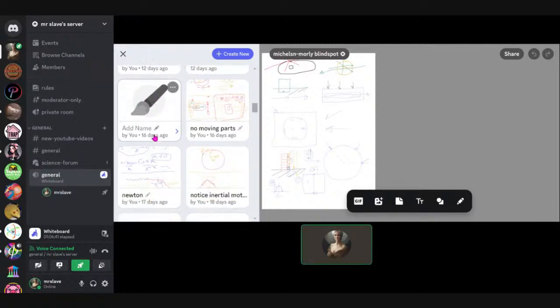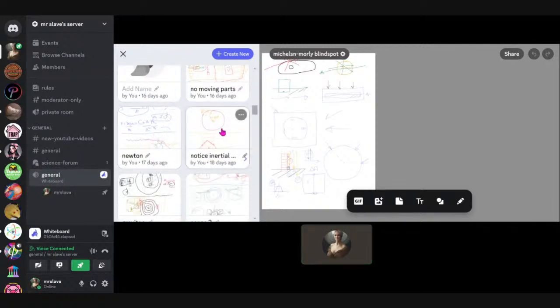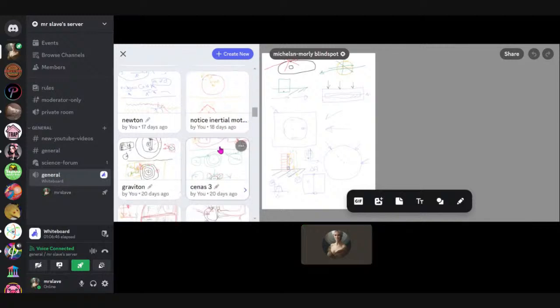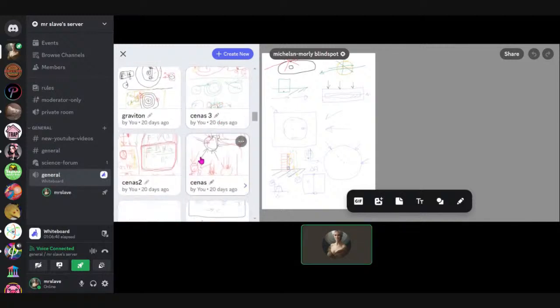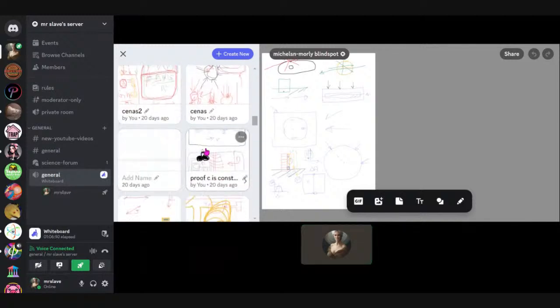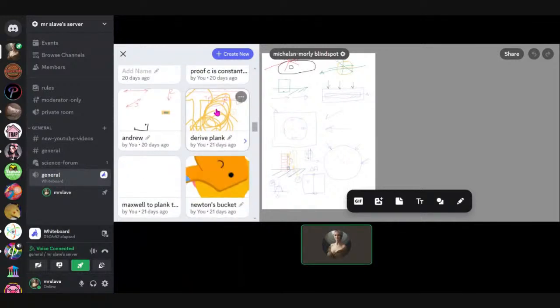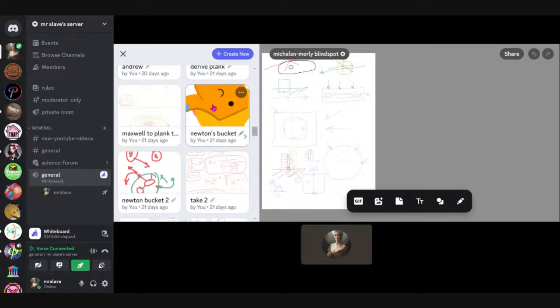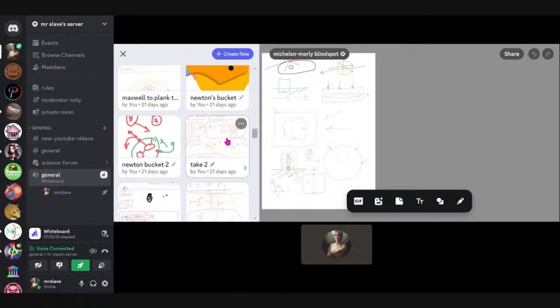What is it? There's nothing here. Proof C. Derive Planck. Andrew. This looks interesting.